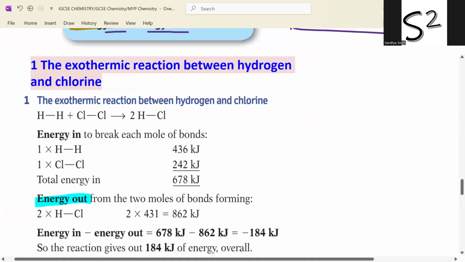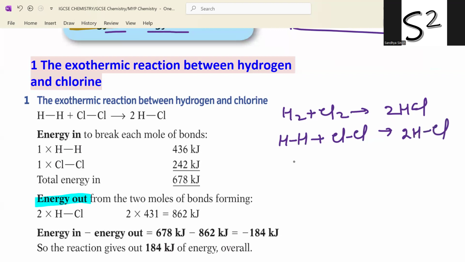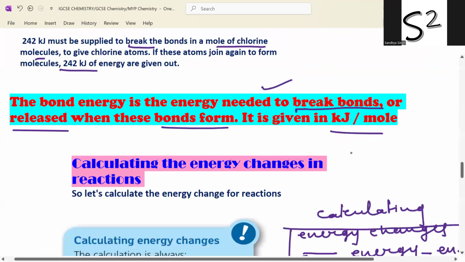Let's see the example of the exothermic reaction between hydrogen and chlorine. How to calculate this? Here, the exothermic reaction between hydrogen and chlorine: H2 plus Cl2 gives HCl. We can write it like this, a single bond between hydrogen atoms, and similarly 2HCl. Let's see the bond energies of hydrogen-hydrogen and chlorine-chlorine from the table.